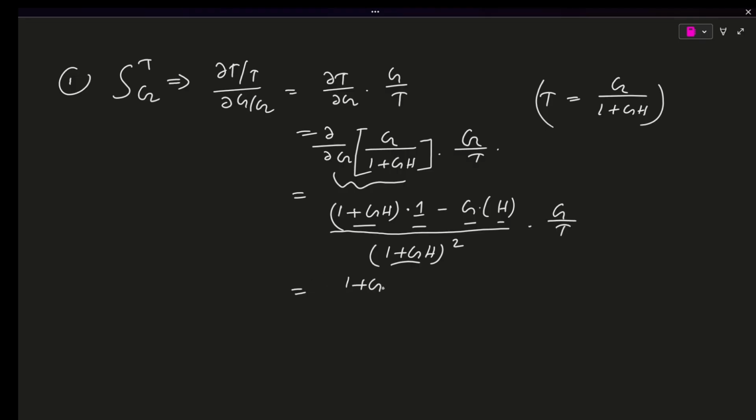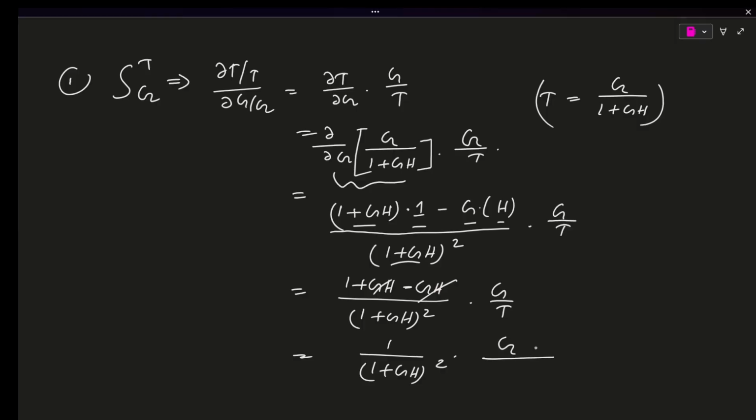Then 1 plus GH minus GH, by 1 plus GH whole square, into G by T, equals minus GH and plus GH will be cancelled out and it will be 1 plus GH whole square. Then G, and in place of T we will write G by 1 plus GH.